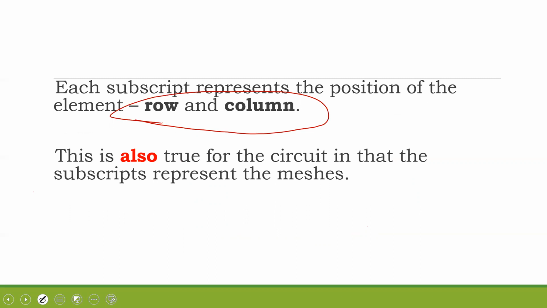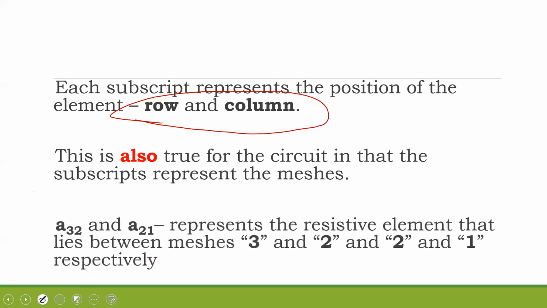So let's do that. A32 would represent the resistive element that lies between meshes 3 and 2. A21 would represent the element between meshes 2 and 1.